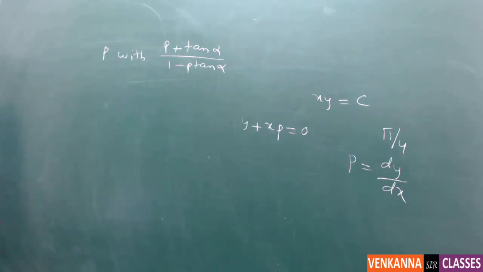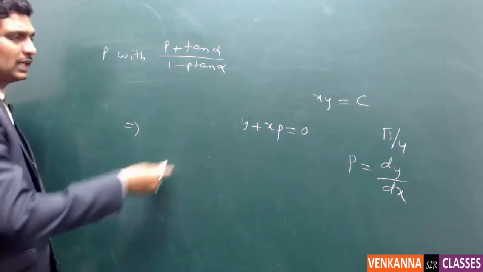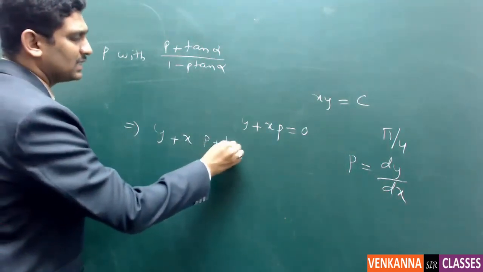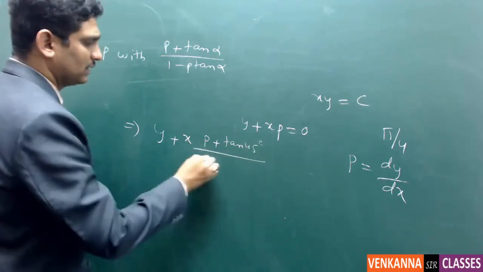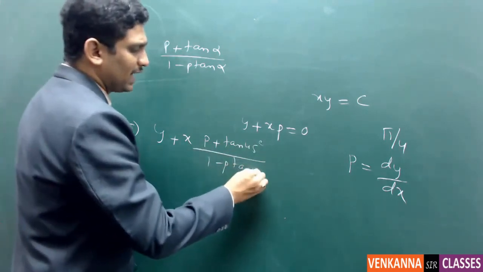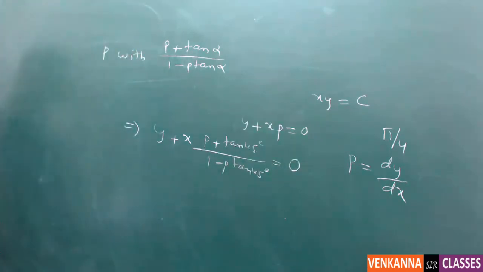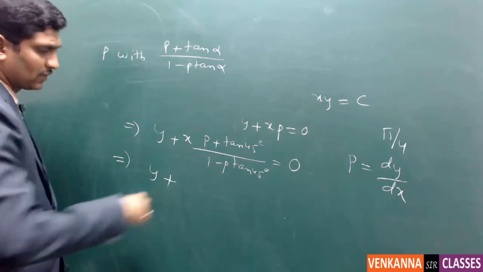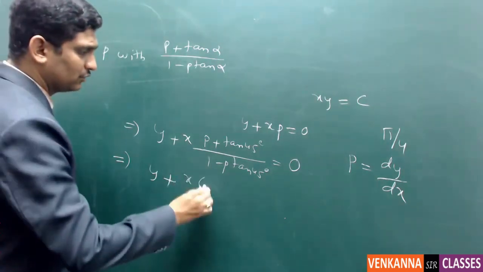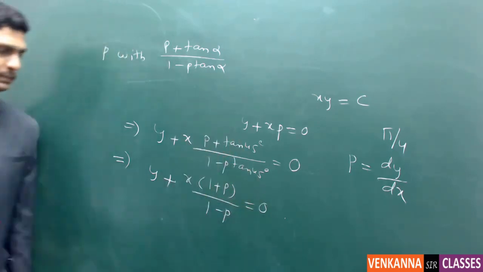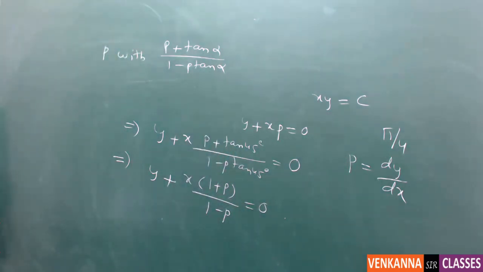This is the formula. So to get the oblique trajectory, y plus x into p plus tan 45 degrees by 1 minus p into tan 45 degrees equal to 0, which is our required equation. So if you simplify this, y plus x into 1 plus p by 1 minus p equal to 0. Is it clear?